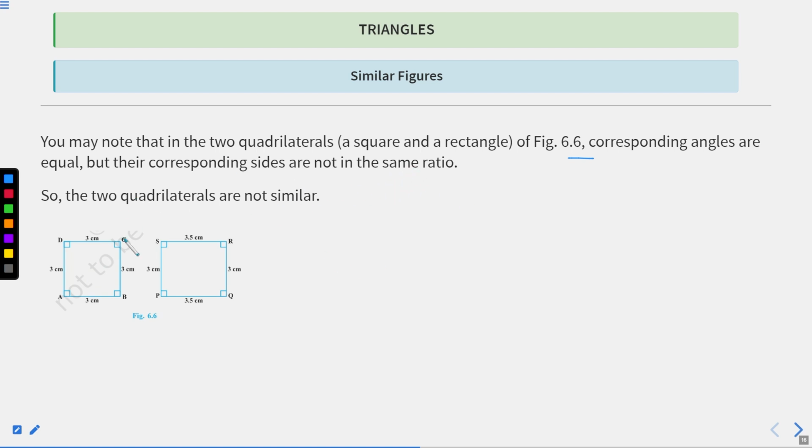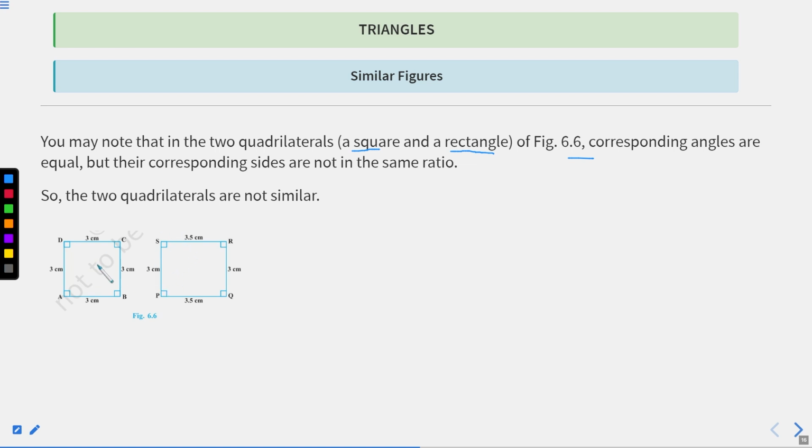So a square and a rectangle are not similar. Here you can see the figure: this is the figure of a square, where all angles are 90 degrees and the sides are 3 centimeters.